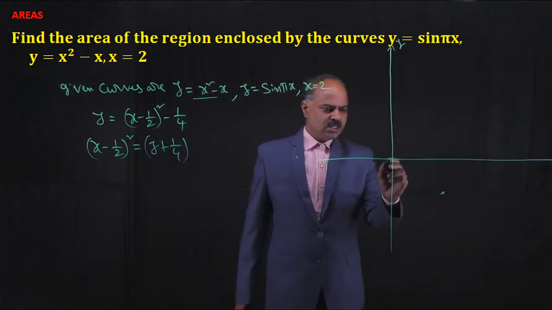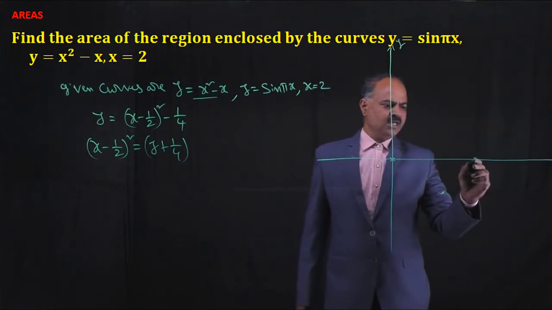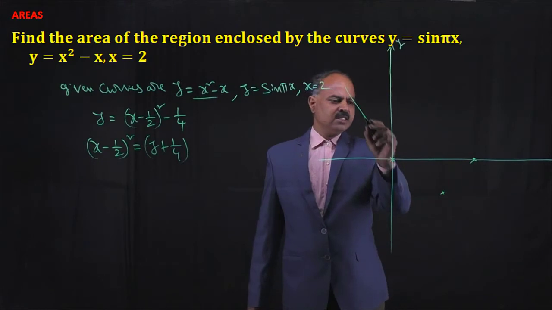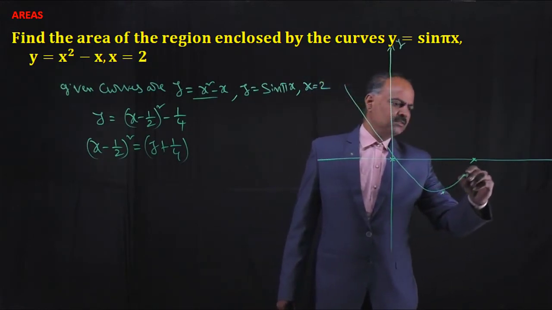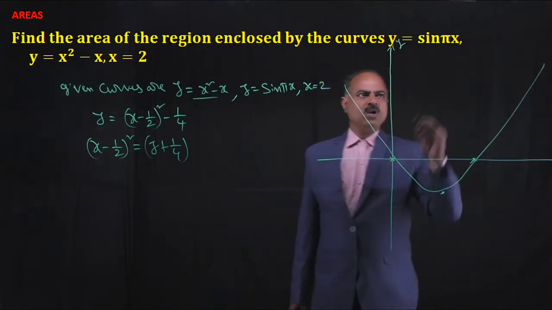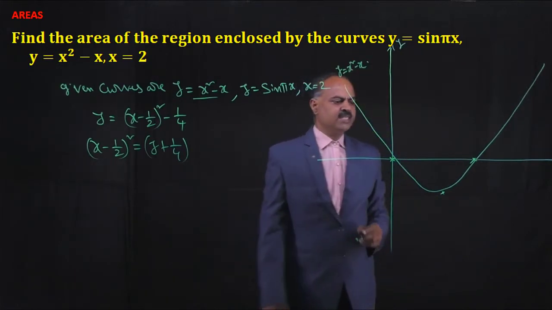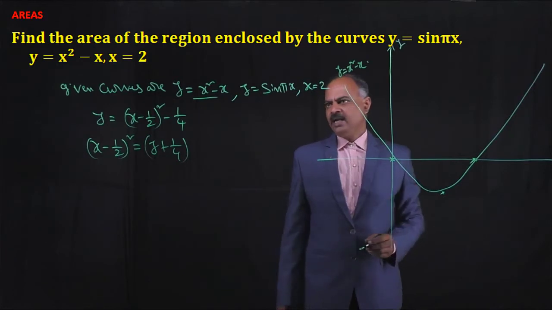So here this is (0, 0), and here this is (1, 0). So this parabola is here. This parabola is y equal to x square minus x.